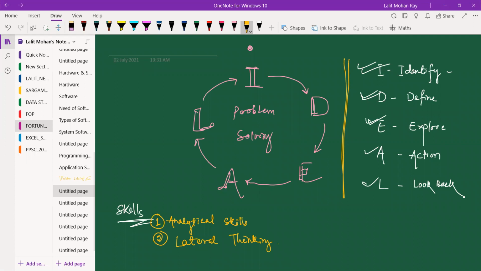Lateral thinking means how you can map your brain to your problem. All of you clear? Using your inspiration, using your imagination, you have to solve the problem. This is a creativity skill: solving the problem by looking at it from unexpected perspectives.